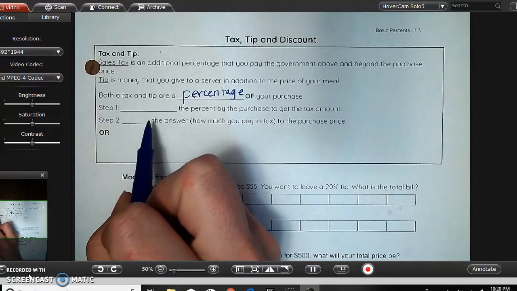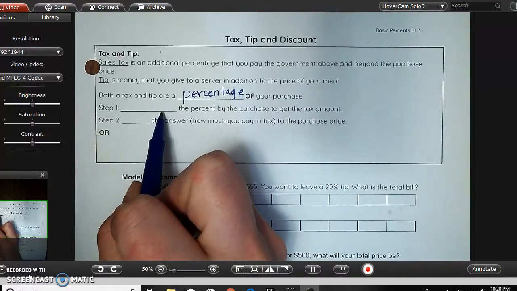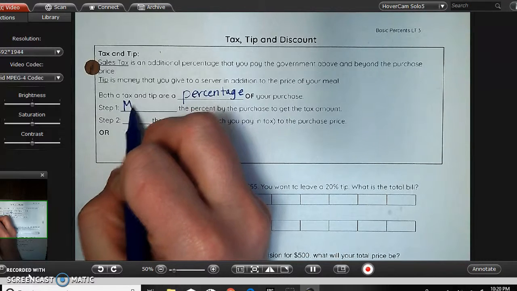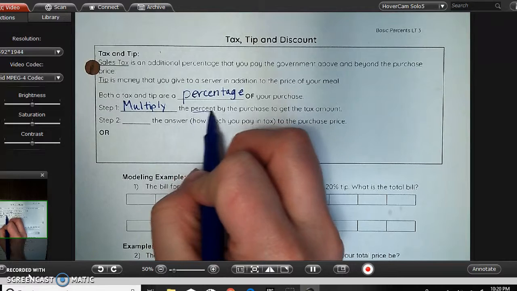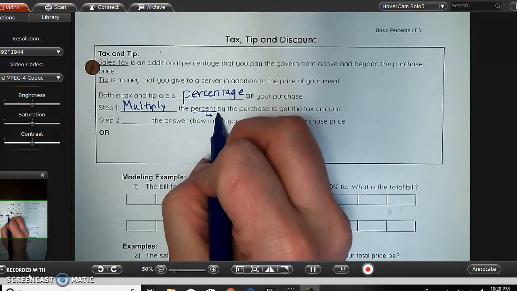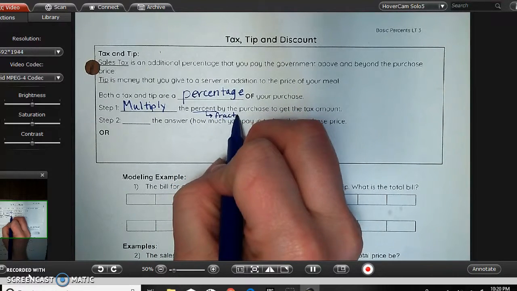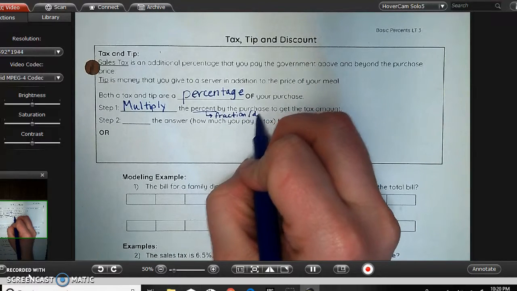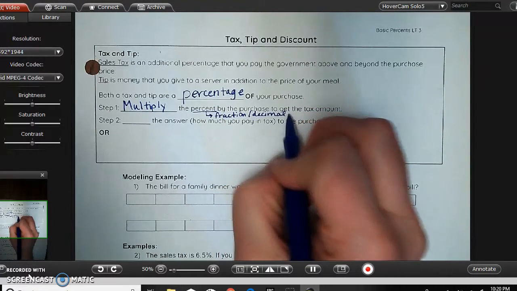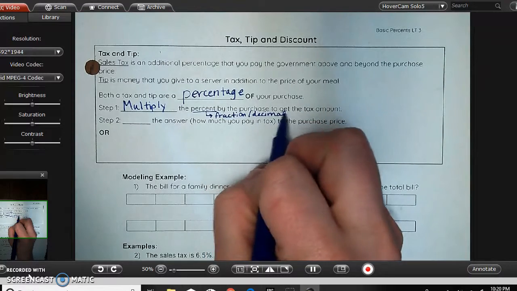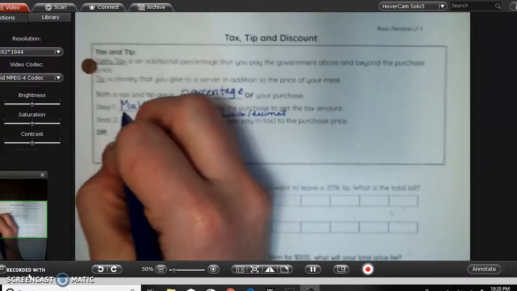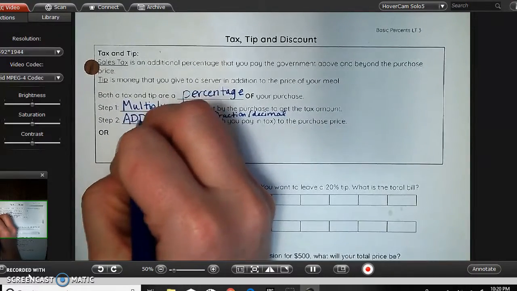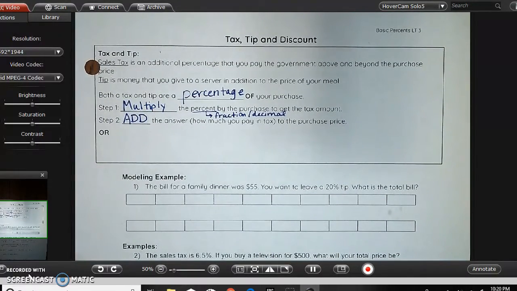So the first thing that you're going to do, step one, is you're going to multiply the percent, and remember that's either going to be written as a fraction or decimal, so it's going to have to change form, by the purchase, and that gives me the tax or tip amount. And then, because these are increases, we're going to add that answer to our original purchase price to get the total.